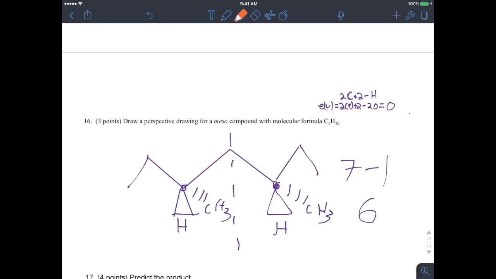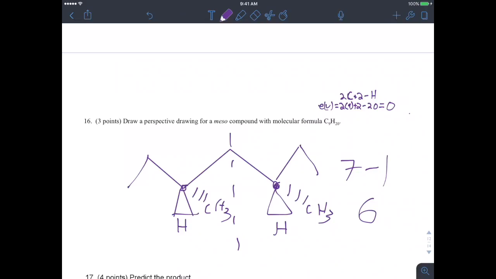That way we don't have to redraw this. Now we have 4 different groups: this ethyl, a hydrogen, a methyl, and then this complex branch. And it's the same on the other side. The only thing we have to make sure of now is that one side's R and the other is S, so they're mirror images of each other, because we know that they're the same thing now.